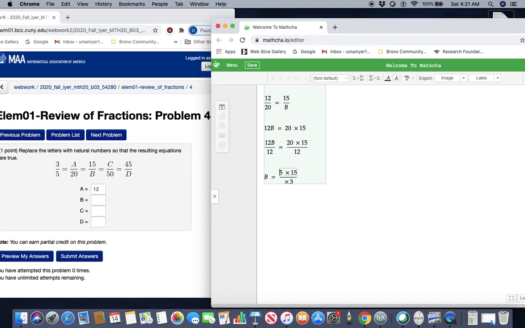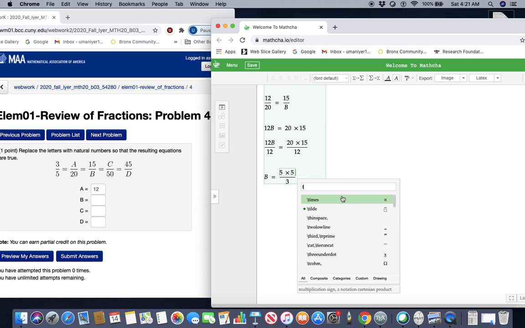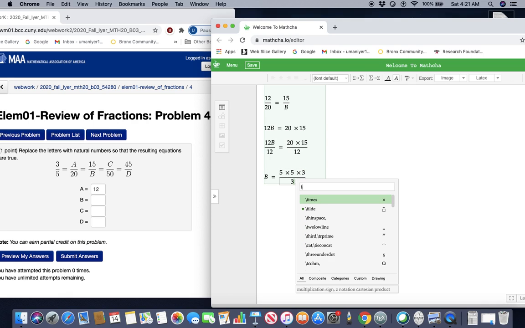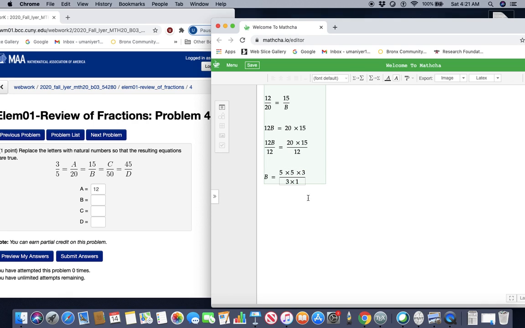Now 3 can go in 15, so I'll rewrite 15 as 5 times 3. When I cancel the 3, only 1 remains downstairs, and I get 25 over 1.